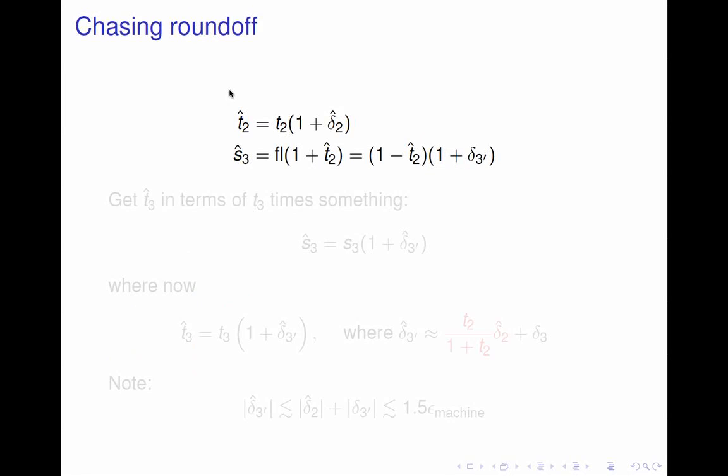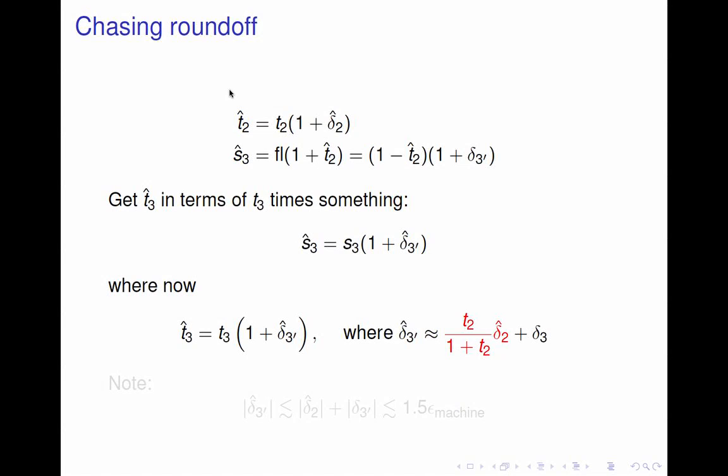Well, the first two steps of the error analysis are the same as before. The third step, we're just changing a minus to a plus, right? So we've now got, again, that our computed value is equal to the true value times 1 plus delta 3 prime, right, where delta 3 prime is the analog of the delta 3 we had before.